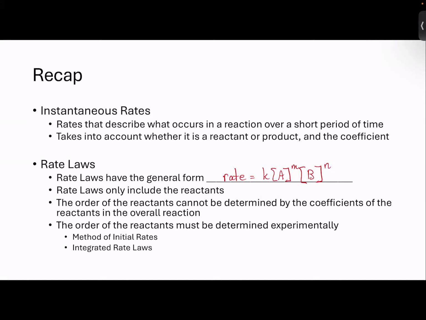So again, you paid attention to coefficients with the instantaneous rates, but you don't pay attention to coefficients with the rate law. Instead, with the rate law, you actually have to determine the order experimentally. And as we saw yesterday in lab, there are two ways to do that. There is the integrated rate law, and there is the method of initial rates.